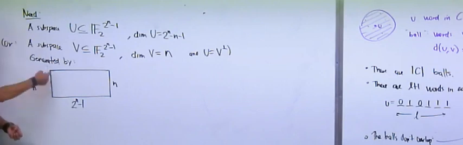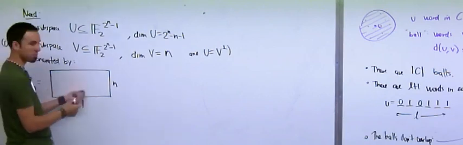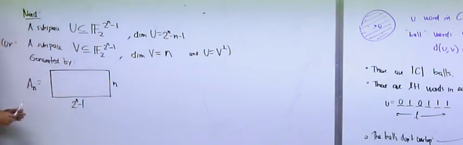How many possible columns could you put here? How many different column vectors of length n exist? It's just 2 to the n.